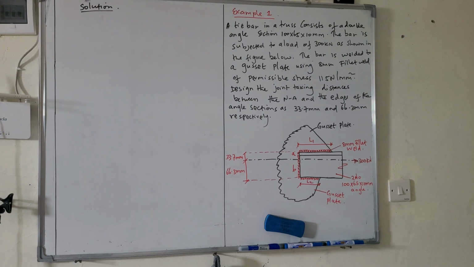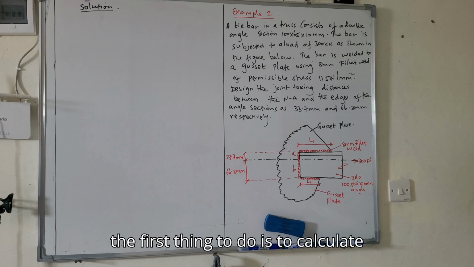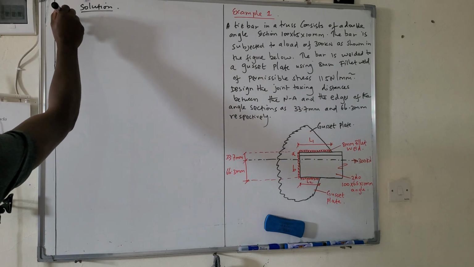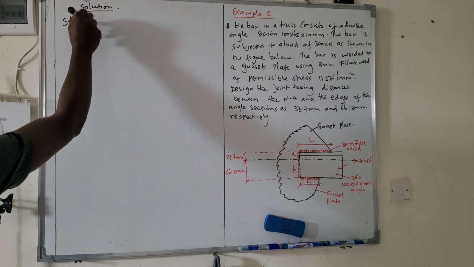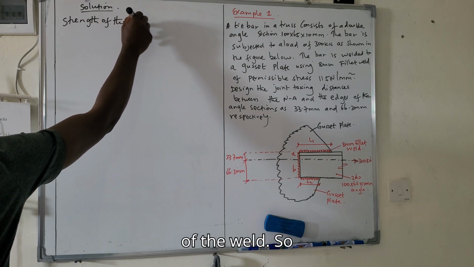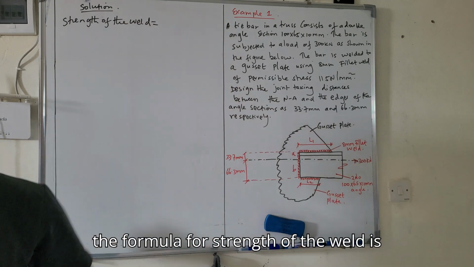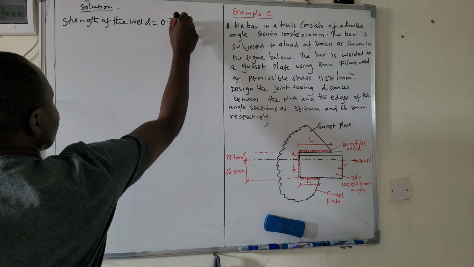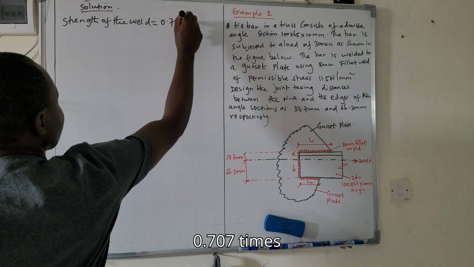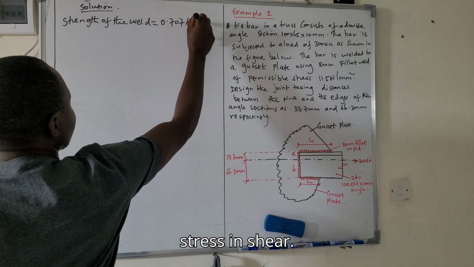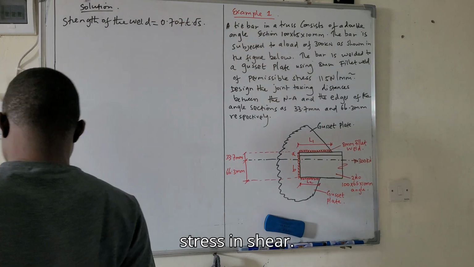So solution, the first thing to do is to calculate the strength of the weld. So the formula for strength of the weld is 0.707 times thickness times stress in shear.